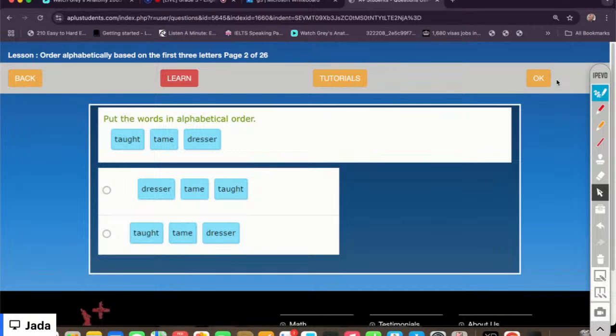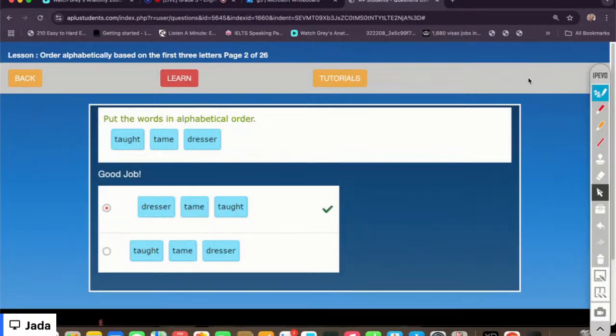So which one comes first here? All right, so we have dresser. Of course, dresser is D, and D comes before T. So dresser, tame, and tot.